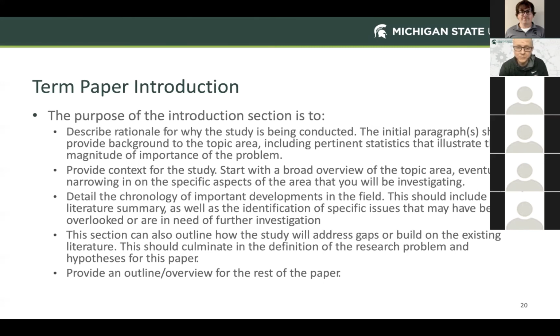And so in the case of motorcycle helmet use laws, we could state national fatality statistics, and we could talk about the thousands of people that are killed every year in motorcycle crashes throughout the country. We could compare differences at a big picture in terms of what the helmet use rate is in those fatal crashes.